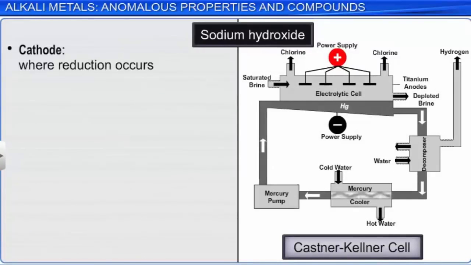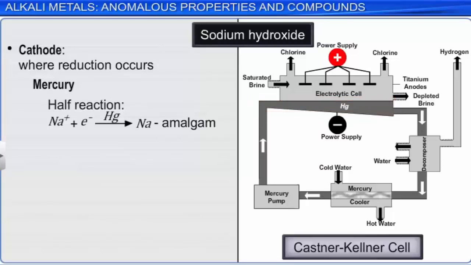In the mercury cell, mercury functions as the cathode. In the reduction half reaction, sodium ions combine with an electron to form a sodium-mercury amalgam.